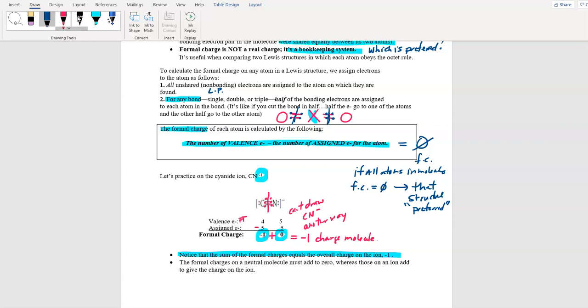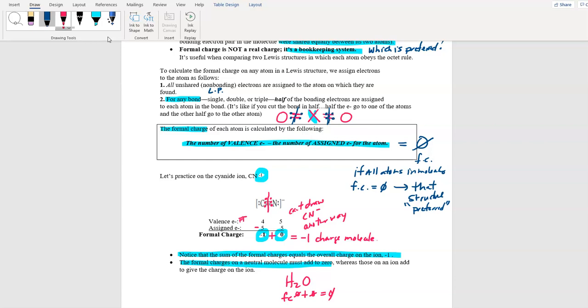Okay? The formal charge of a neutral molecule means that they all have to equal 0. So if you don't have a charge on that molecule, like say water, then it has to equal 0. That means the formal charge of hydrogen has to be 0, added to oxygen has to be 0. It's got to be 0.